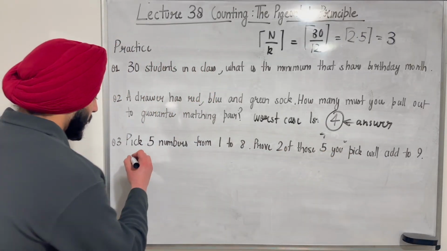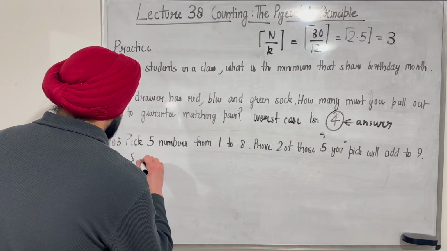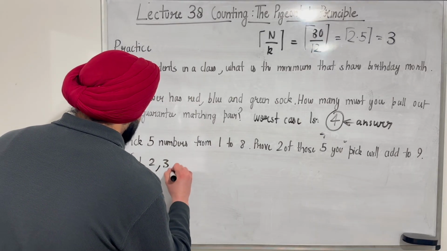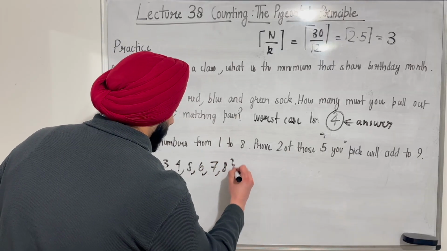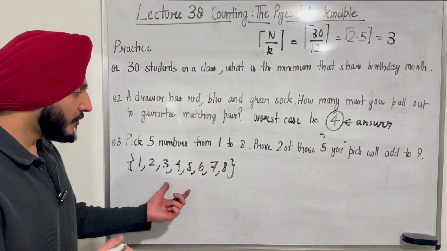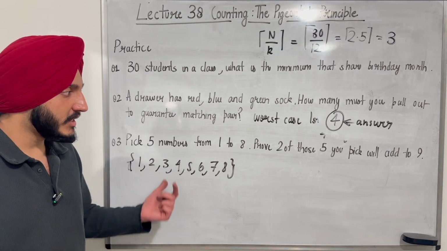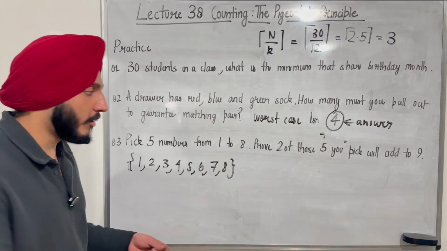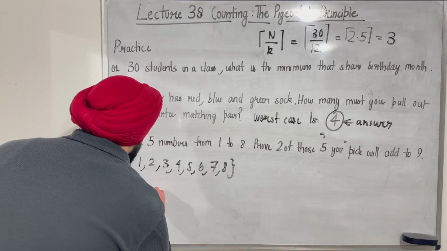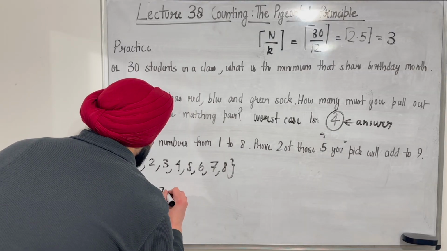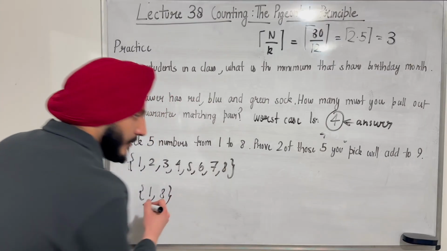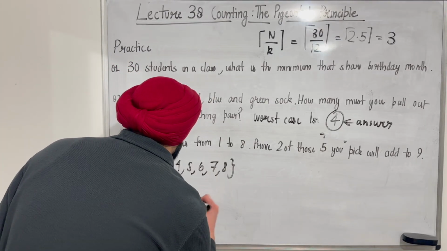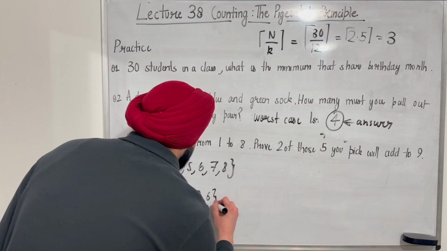So let's just take a look at the set of numbers from 1 to 8 first. Okay, so if I ask you to make pairs of how many of these would add up to 9, let's just make all those pairs, right? I would have 1 comma 8 add up to 9.